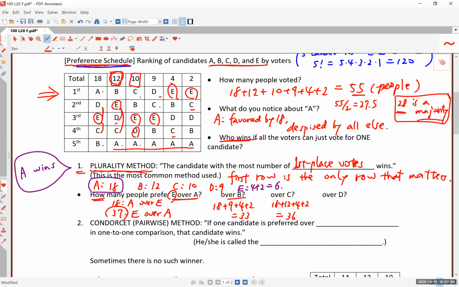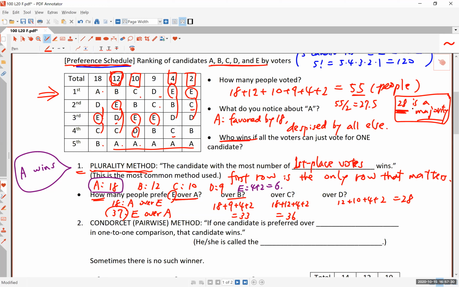You see which ones I'm circling or putting in the box? If a column puts E above D, I am putting a square around that number. So a total of 12 plus 10 plus 4 plus 2, and that is 28 people. That is a small number compared to the other ones, but it's still a majority.